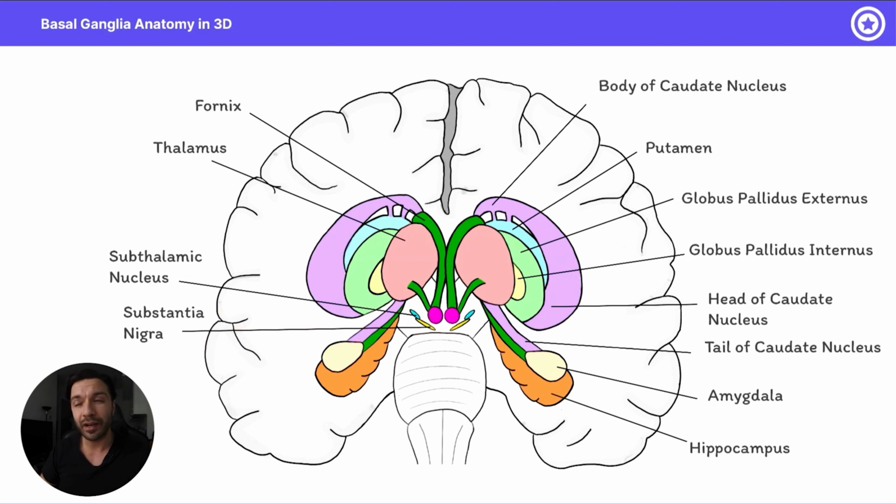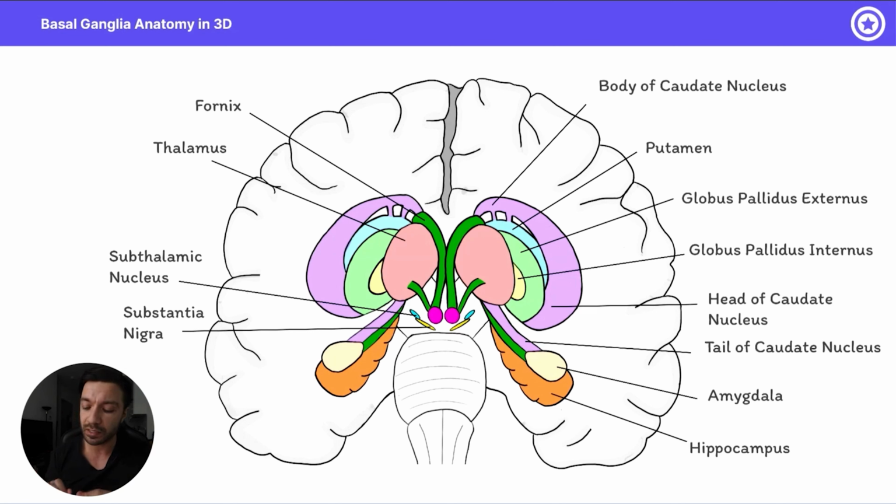These are found at the transition between the midbrain and the diencephalon. You can see right here, this is the brainstem, and then we have our midbrain sitting on top of that. So our subthalamic nucleus and our substantia nigra are going to be found within that midbrain region at the transition where it turns into the diencephalon, where the basal ganglia surround.